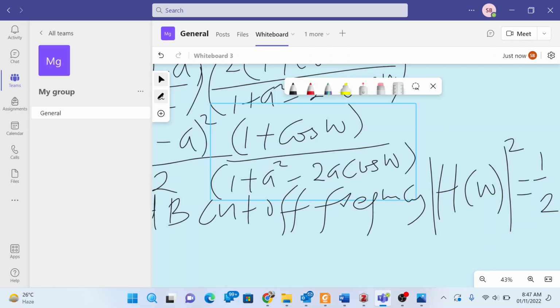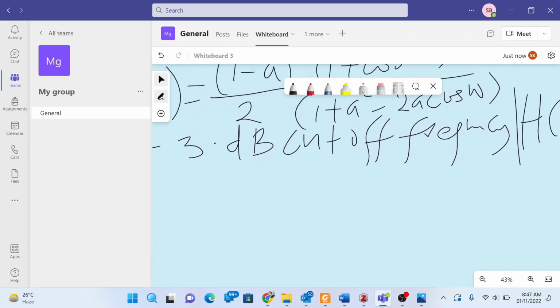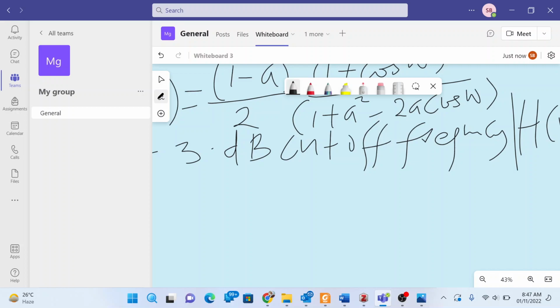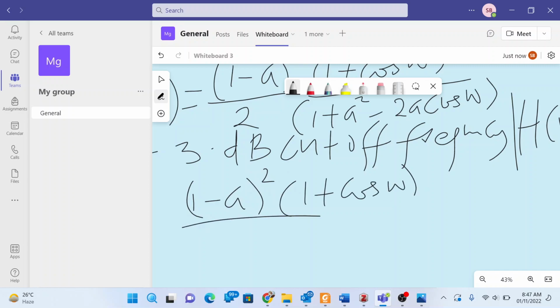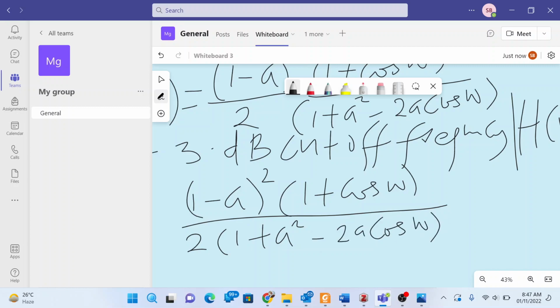So at that point, when we set this equal to that, we are going to have 1 minus a, all squared, then 1 plus cos omega, all over 2 into 1 plus a squared minus 2a cos omega, and so that will be equal to 1 over 2.